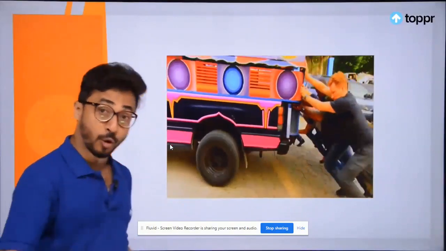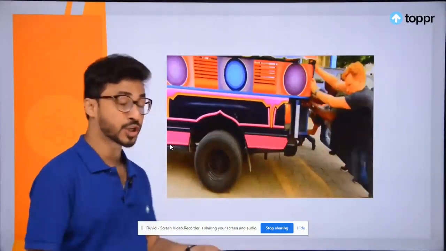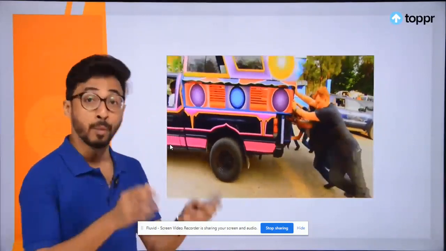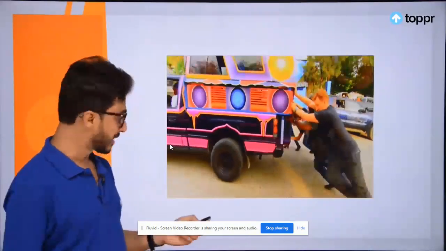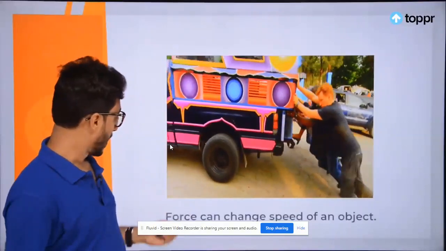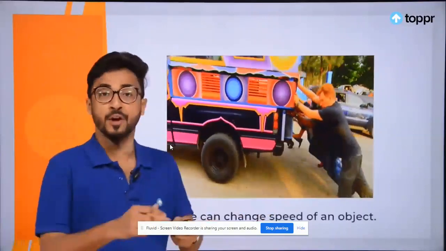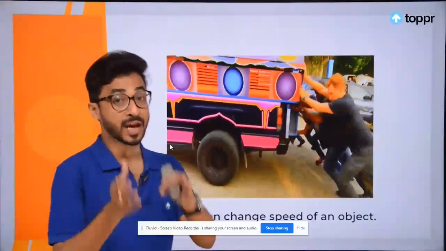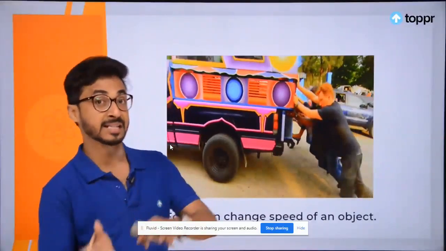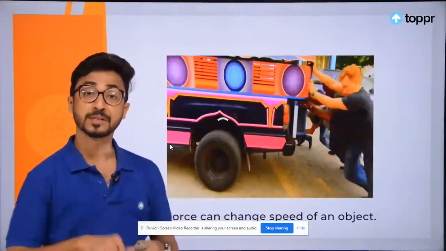So a force can bring in motion in a body which is at stop, isn't it? So force can change the speed of an object. So when we say the body was at rest and it started moving, we are actually changing the speed.